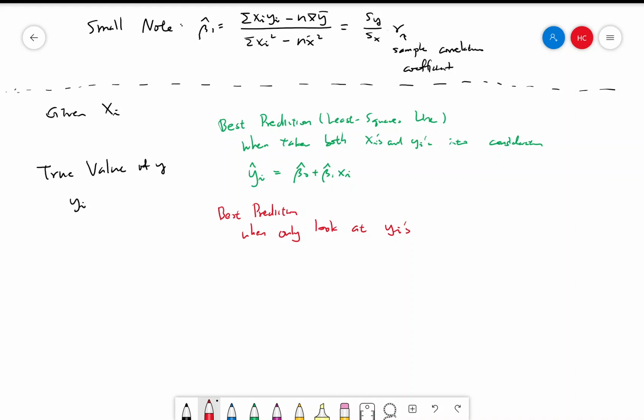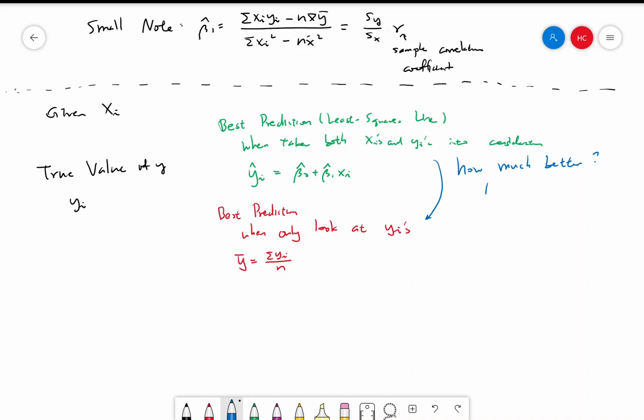The best prediction we can do is a blind prediction, which is the best shot is we just guess the average, which is the sum of yi over n. Okay, there's no doubt that the green prediction is almost always better than the red prediction, but now the question is, how much better is the green prediction compared to the red prediction?